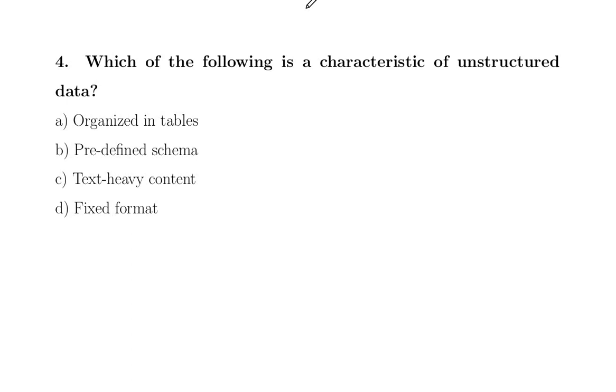Which of the following is a characteristic of unstructured data? Organized in tables, no. Predefined schema, no. Text heavy content, yes. D, fixed format, no. The correct option is text heavy content.